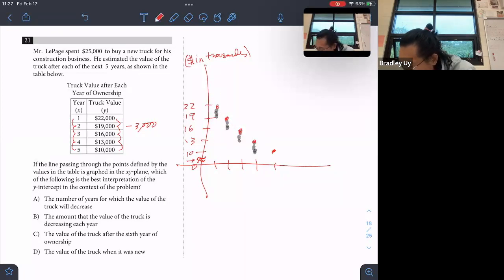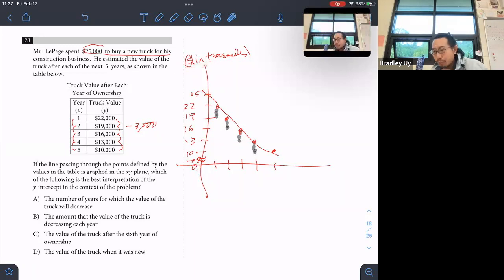Okay, we would have a y-intercept of, this is just a sketch, of 25. And we already know what that number is. It says he spent 25,000 to buy a new truck. It would also be the price, the value of his car in thousands when the car was 0 years old. It was when he got it brand new.